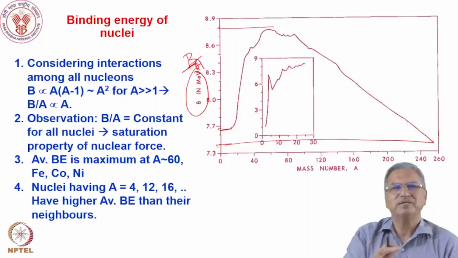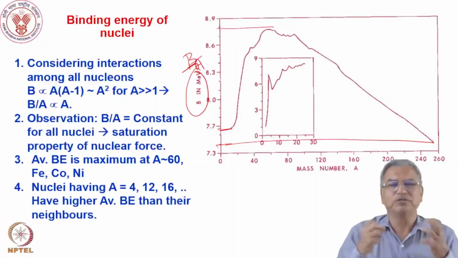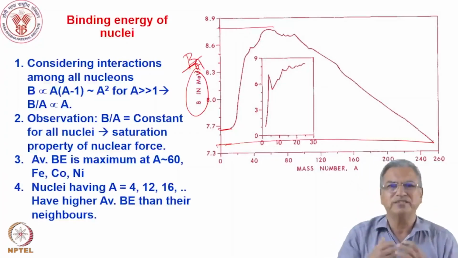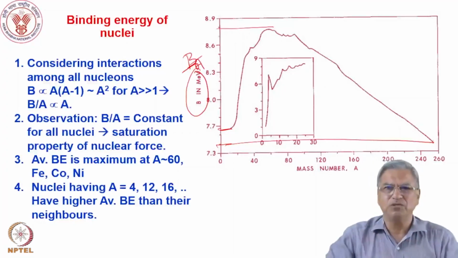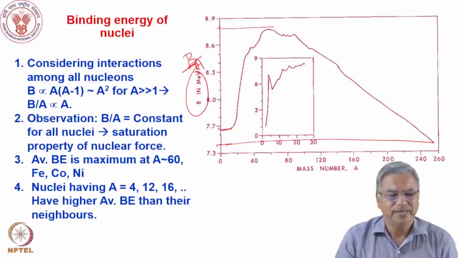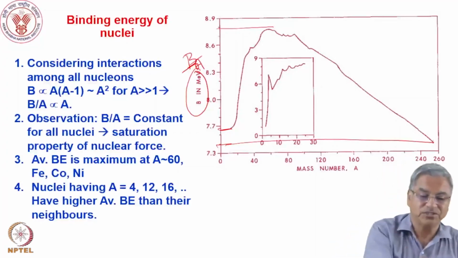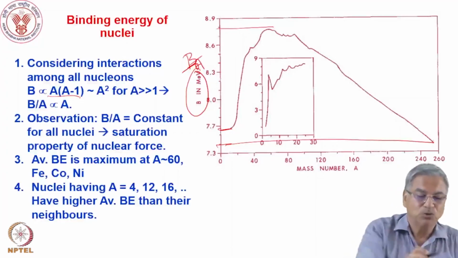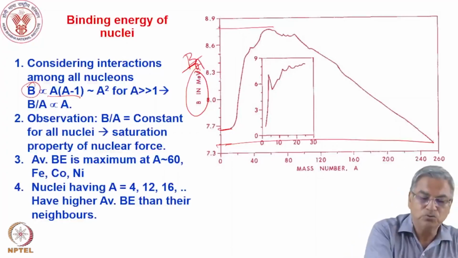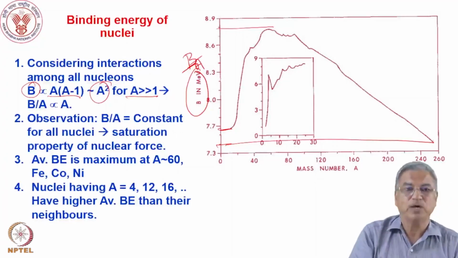But consider the binding energy as bonds formed between nucleons inside the nucleus. If each nucleon were to interact with all other nucleons, there should have been A times (A minus 1) interactions. Then the binding energy should be proportional to A squared, because for A much larger than 1, it is proportional to A squared.